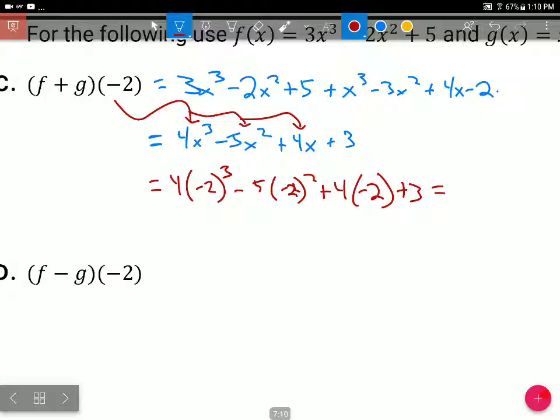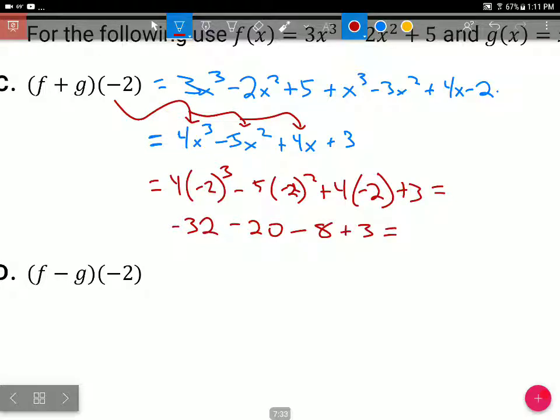What's negative 8 times 4? Negative 32. Good. What is negative 2 times negative 2? Positive 4. What's negative 4 times positive 4 times negative 5? That's negative 20. What's 4 times negative 2? Negative 8.